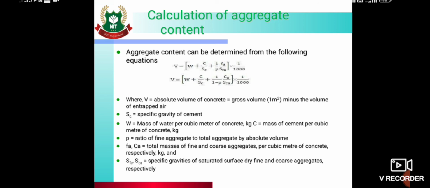Where V is absolute volume of concrete or gross volume, SC is specific gravity of cement, W is mass of water per cubic meter of concrete in kg, C is mass of cement per cubic meter of concrete, P is ratio of fine aggregate to total aggregate by absolute volume, FA and CA are total masses of fine and coarse aggregate per cubic meter of concrete respectively, and SFA and SCA are specific gravity of saturated surface dry fine and coarse aggregates respectively.